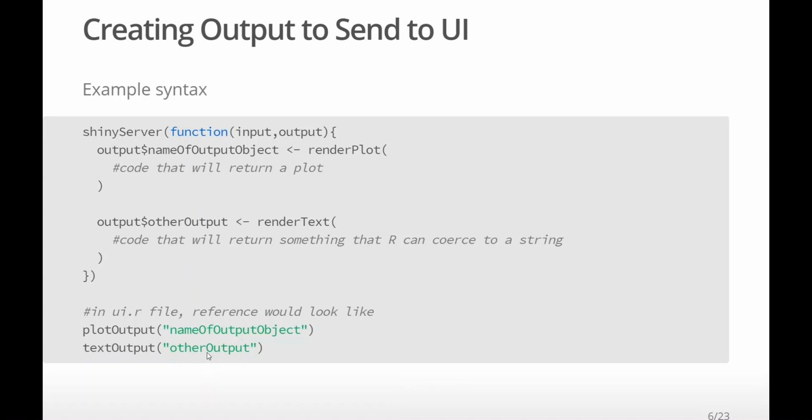And so that's sort of the basics of it. We already know how to create our own plots. We already know how to paste together strings and do things like that. And so now it's just about, can I figure out this syntax of, oh, I have to use output, give the name of the object after a $ sign, and then use the appropriate render and output function together.